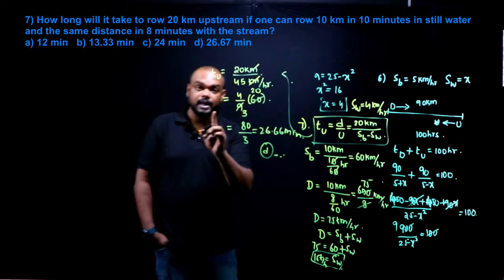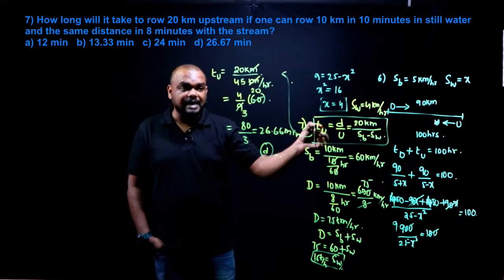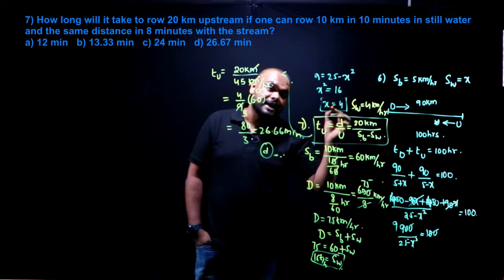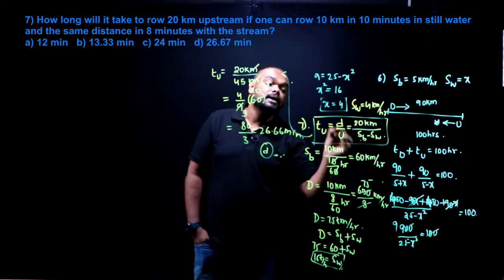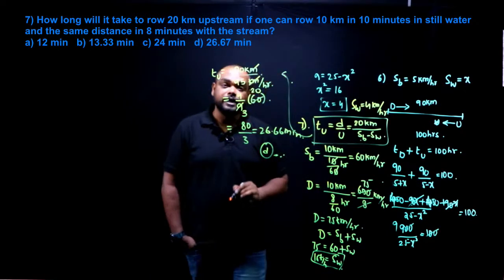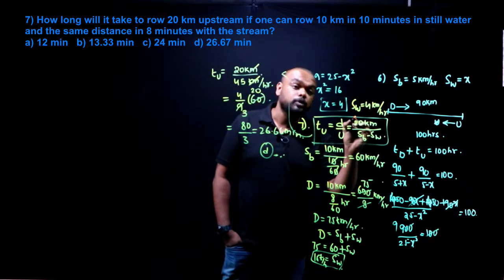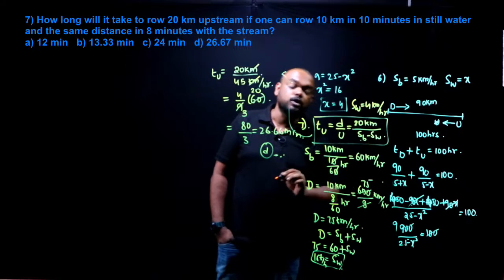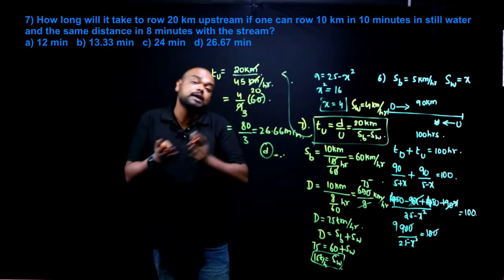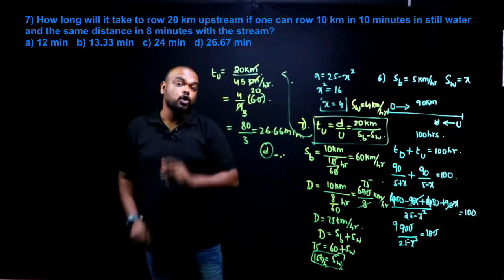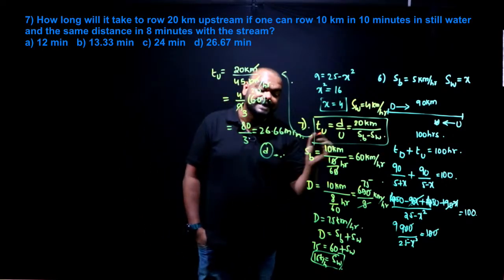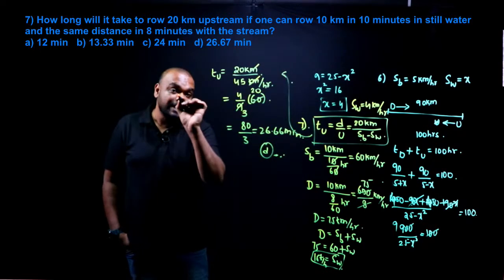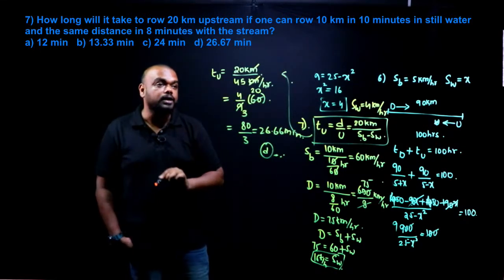I am repeating. He is asking to calculate time taken during upstream. That can be calculated using distance divided by upstream speed. Distance to be traveled is 20 kilometers divided by upstream speed, which is SB minus SW. But we have neither SB nor SW. But he told us that a boat can travel 10 kilometers in 10 minutes in still water, right?